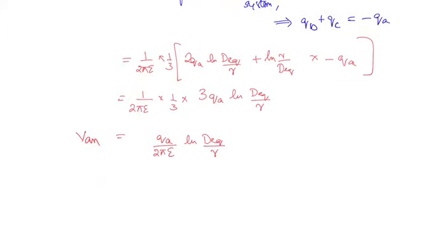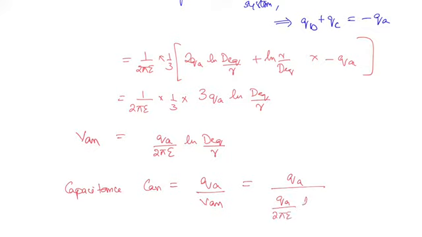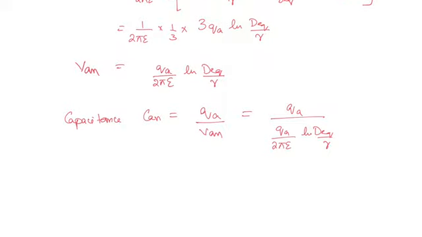Now what is the capacitance per phase? Capacitance per phase CAN, this is going to be QA by VAN, right. So you are going to get QA by 2 pi epsilon ln DEQ by R. So what will you get here?